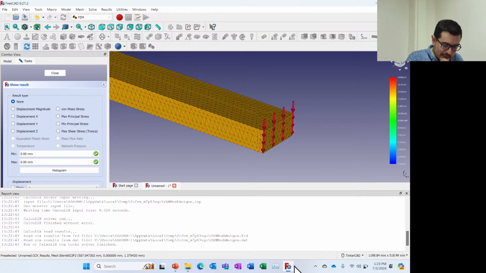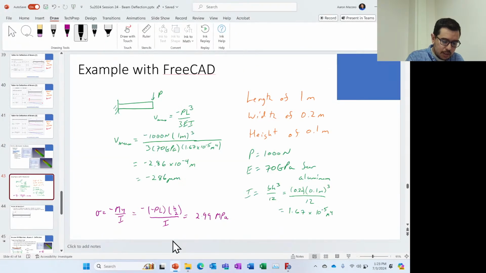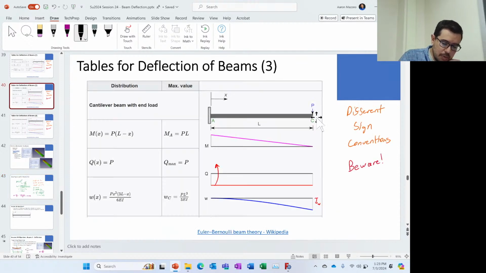Well, right now we're talking about displacements. So let's see what we calculate for displacement. If we had used the table here, we could figure out that the displacement should be that force, that 1,000 newtons times 1 meter cubed over 3 times 70 gigapascals. And I don't know what I is, but I think I calculated it out.